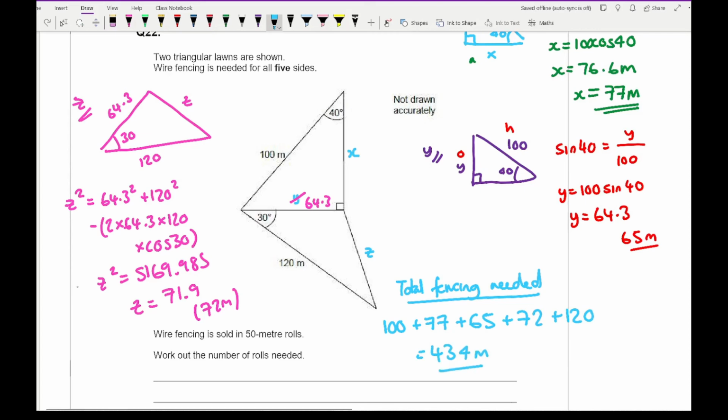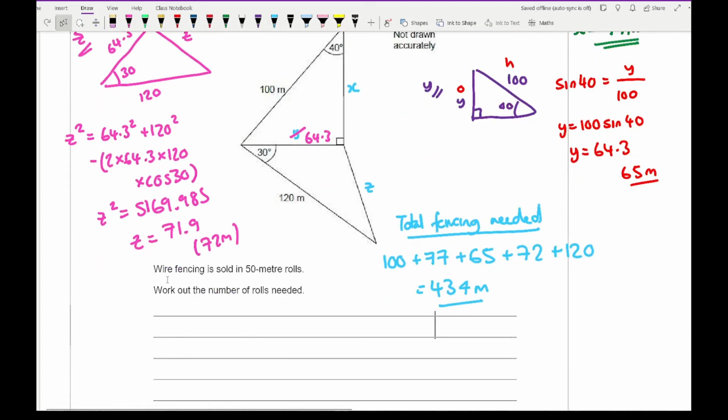Now the question says the fencing is sold in 50 meter rolls. So I need to see how many 50 rolls I need to make 434. So it's 434 divided by 50, and typing that into my calculator, I get 8.68.